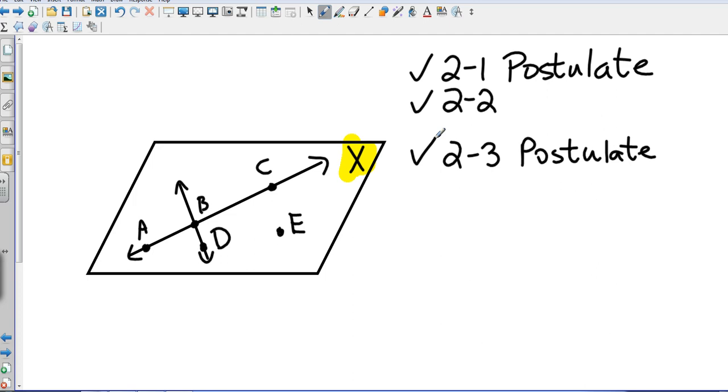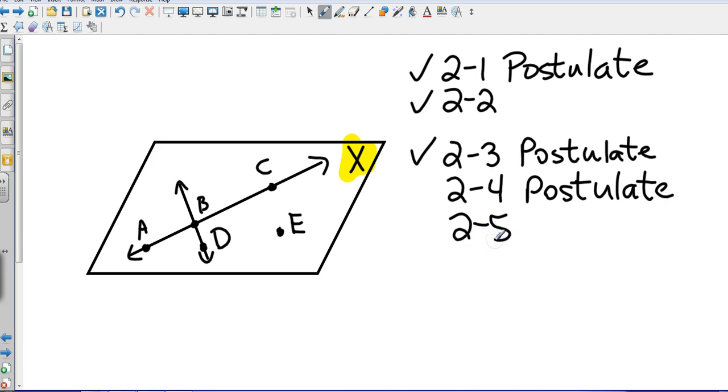Let's look at 2-4 and 2-5. Again, they're connected. That's why I'm not writing the postulate twice. 2-4, through any three non-collinear points, there exists exactly one plane.